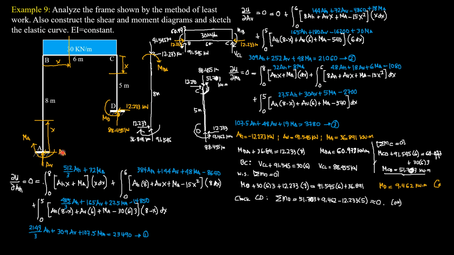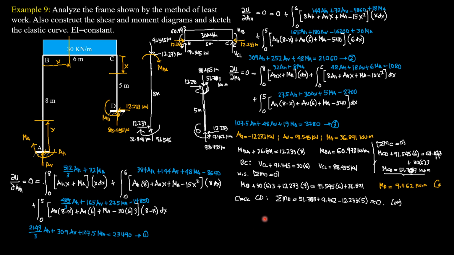So 12.233 times 3 equals the moment of AV, which is 91.545 times 6, plus MA, which is 36.891. So MD is 9.462 kilonewton meter, and it is counterclockwise as indicated.